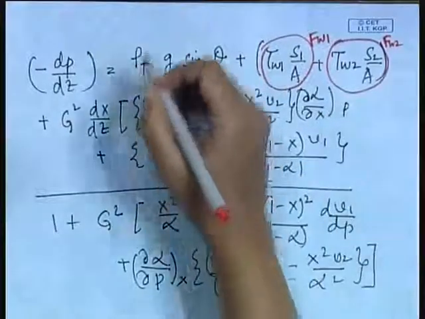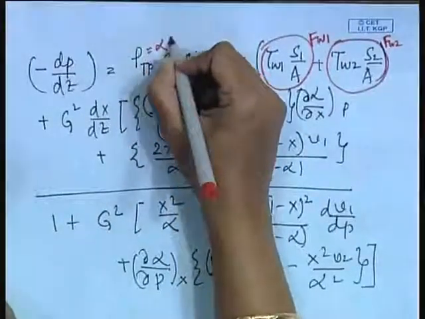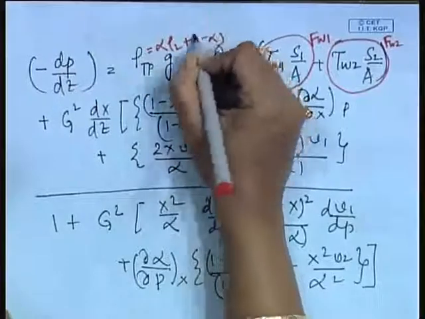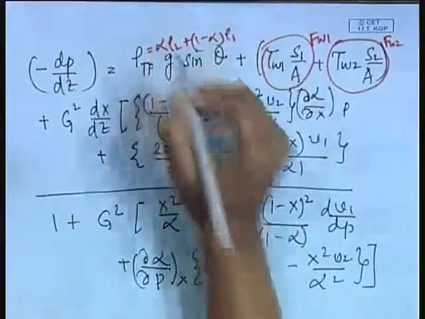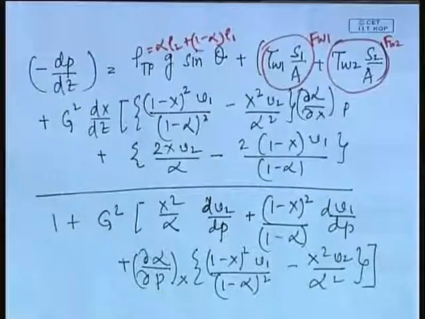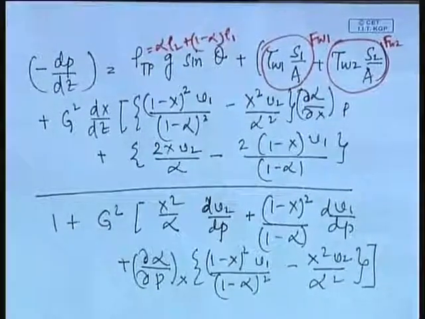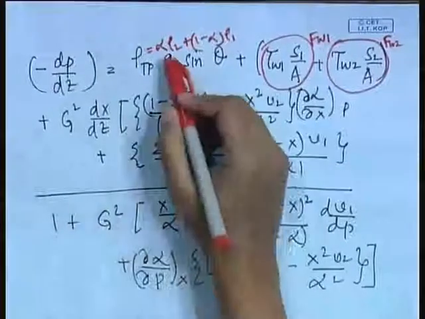In other words, if you expand rho TP, it is alpha rho 2 plus 1 minus alpha rho 1. So, this alpha term is also not known here. For homogeneous flow, alpha was equal to beta, we could find it out. In this particular case, we do not know alpha.